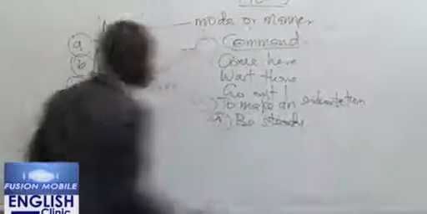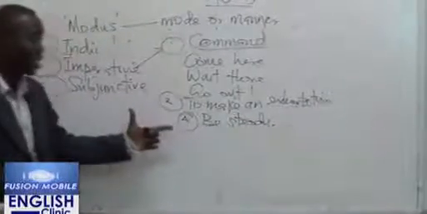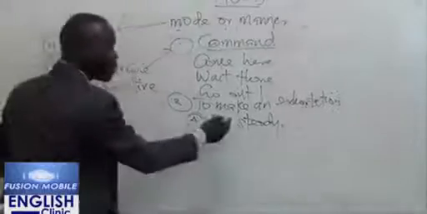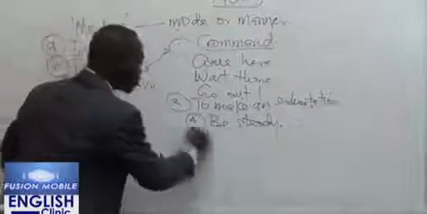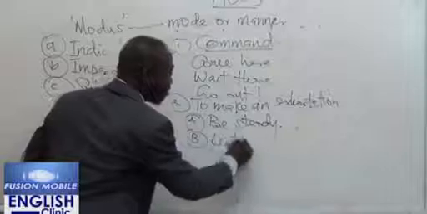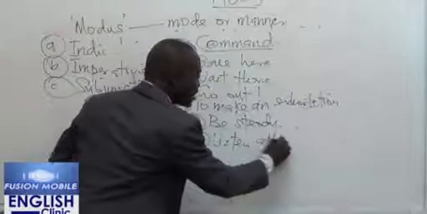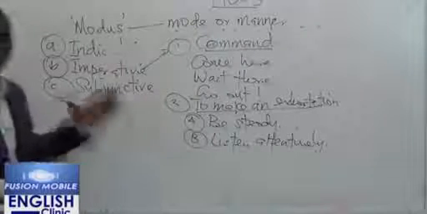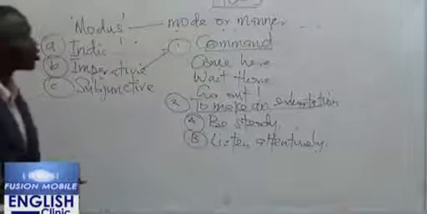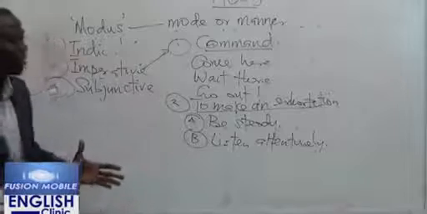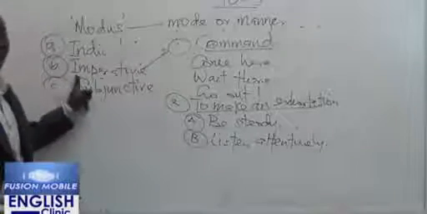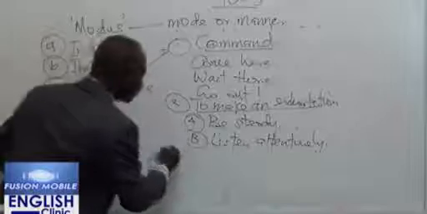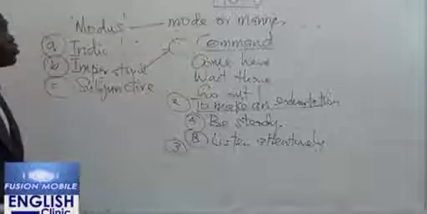Listen attentively. In those examples, I am exhorting the person to do something. So anytime I want to exhort someone to do something, I make use of the imperative mood.